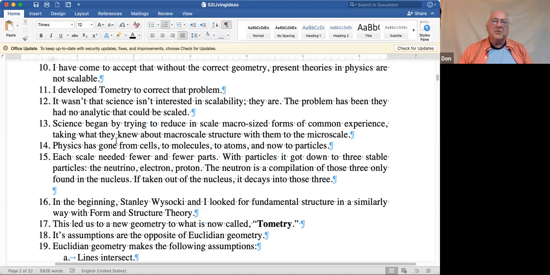Physics has gone from cells to molecules to atoms and now to particles. And each scale needed fewer and fewer parts. With parts, it got down to 3 stable particles: the neutrino, the electron, and the proton. The neutron is a compilation of all those 3, but it's only found in the nucleus. And out of the nucleus, it decays into those 3.